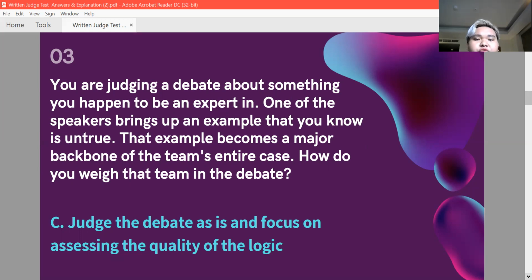It's going to be very good for the opposing team to notice and point it out, but that doesn't necessarily mean that you should give them a higher burden. But what you need to do is analyze the quality of the logic, because probably the example is not correct, but they can explain that phenomenon in a comprehensive way, for example, with structural analysis. I think it's very much fair for you to still credit that argument. So please be very much aware of these issues.